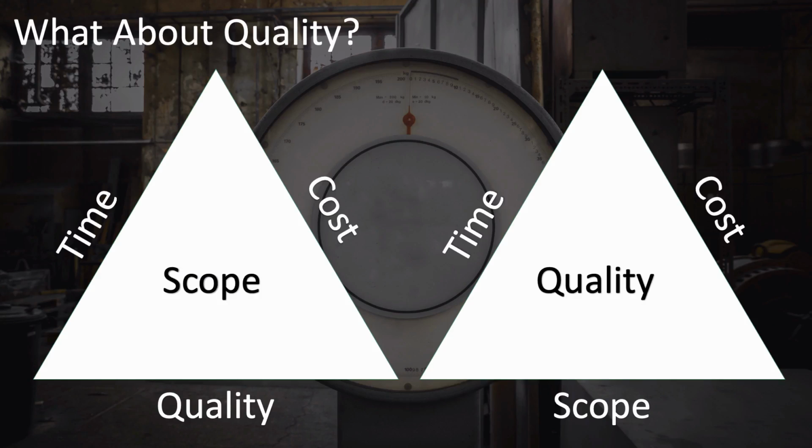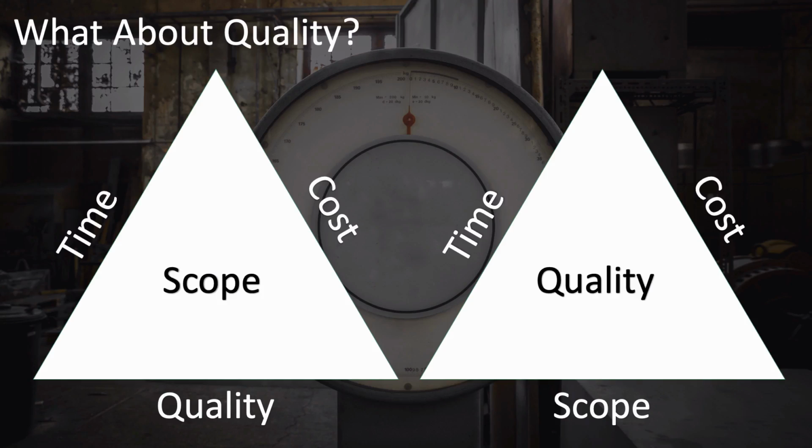Take, for example, putting scope in the middle. If you reduce the amount of time you have on the project, in other words, you reduce the length of that edge of the triangle, it's going to naturally reduce the amount of scope that you can accomplish in that time. That works. Also, if you reduce the budget so that this cost edge becomes smaller, that will also naturally reduce the scope.